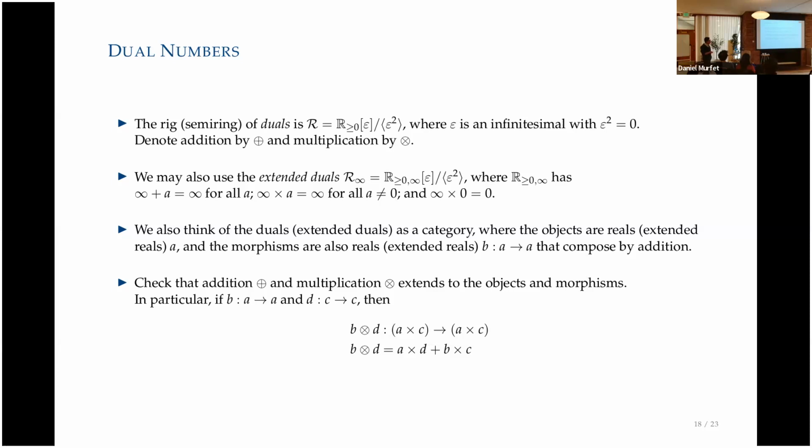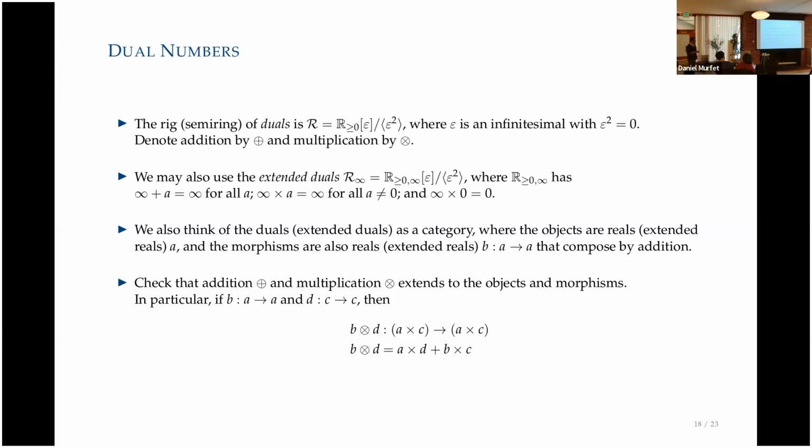If we think of the product of two morphisms B and D, where B is from A to A and D is from C to C, the morphism you get is the real number A times D plus B times C. So it has this very strange multiplication on the tangent planes, which is something we should expect when working with tangent planes. It will become clearer in a bit why this is important.